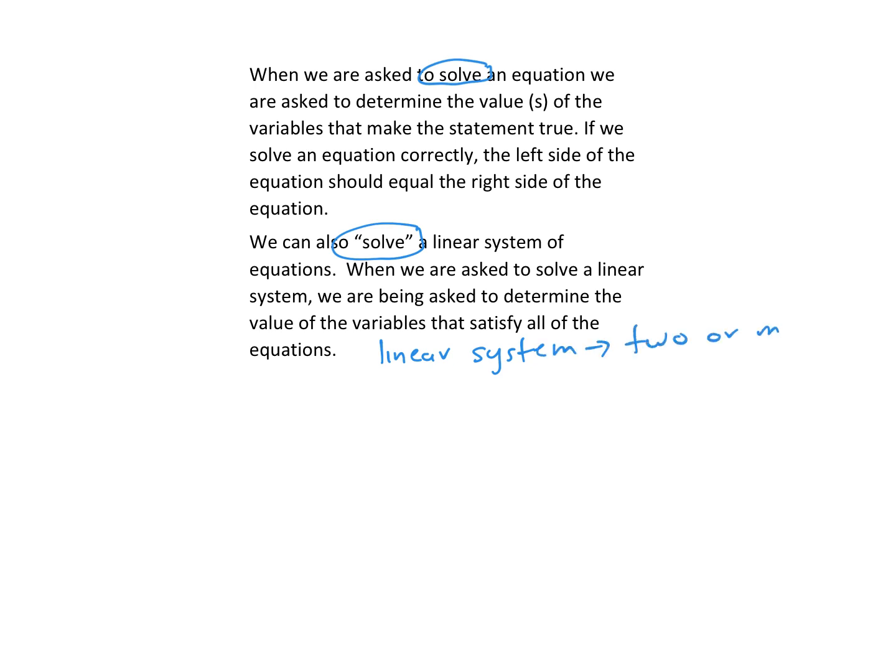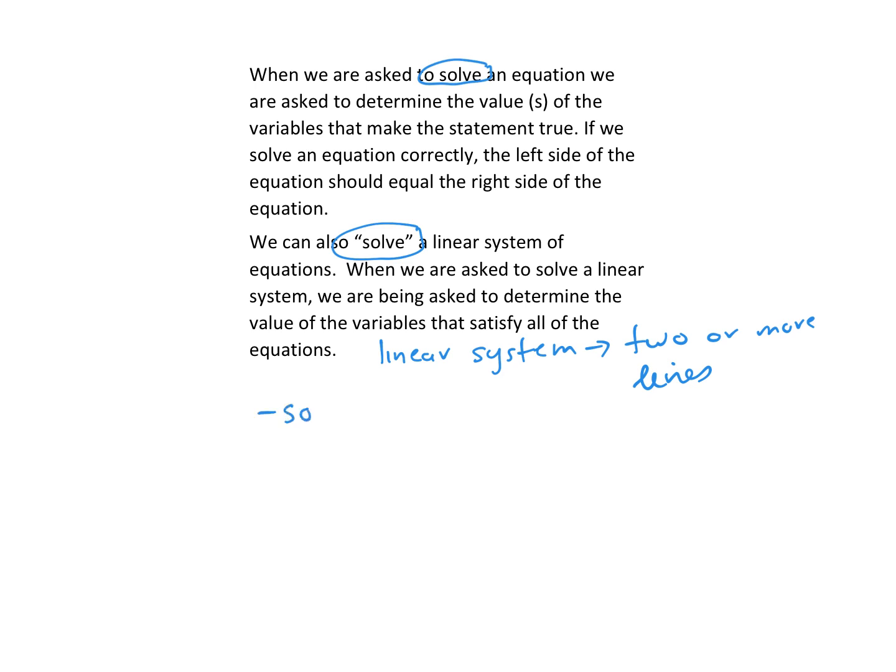So in grade 9, we just do 2 lines. As you get into higher, more senior grades, you might do 3 lines or 4 lines. But for the purposes of grade 9, we're just going to do 2 lines. So we want to solve a linear system, meaning 2 lines, and we want to find that intersection point, or that point that satisfies all the equations.